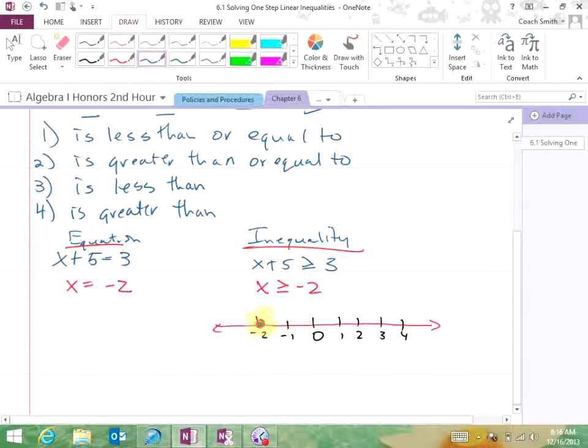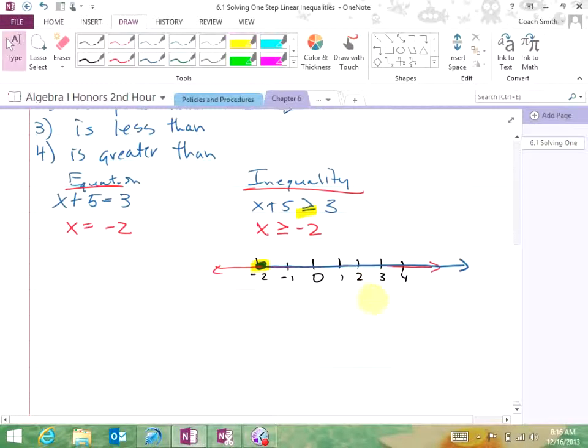Here's negative 2, and anything to the right would be a solution. Now, you will notice that my dot is colored in. The reason it is colored in is because of the bottom part of that sign.